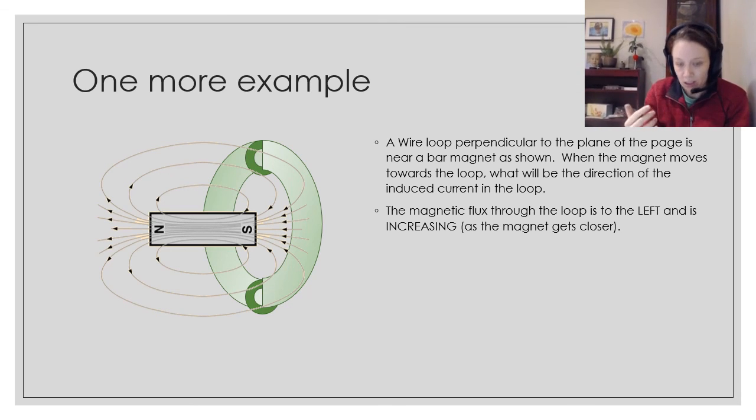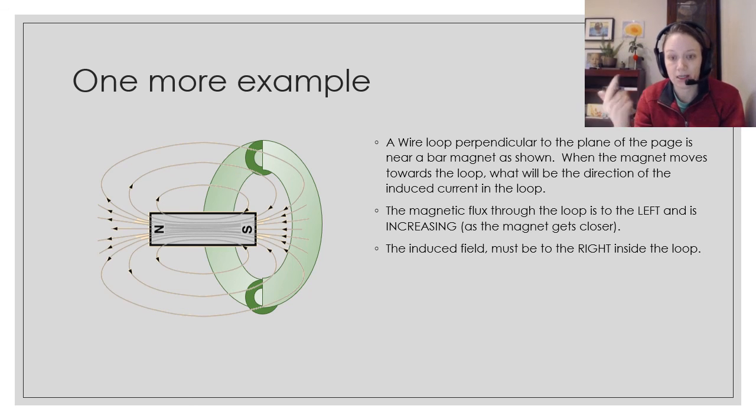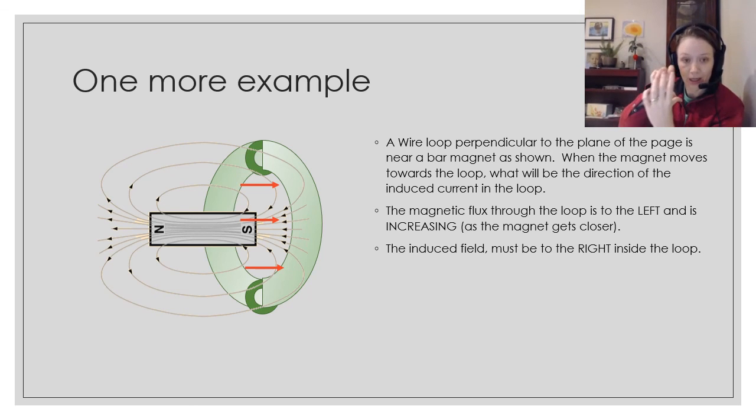And that field is going to be increasing as the magnet gets closer, because it's getting stronger the closer we get to the magnet. Therefore, to cancel out an increasing field to the left, the induced field in that loop must be to the right.